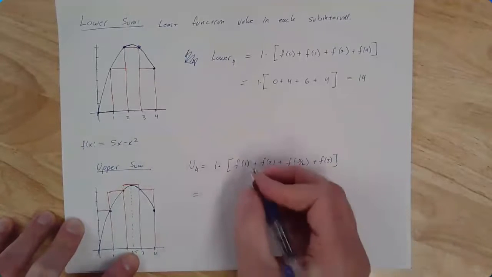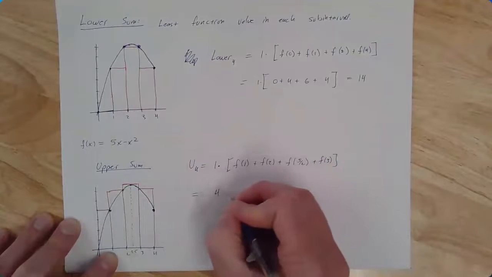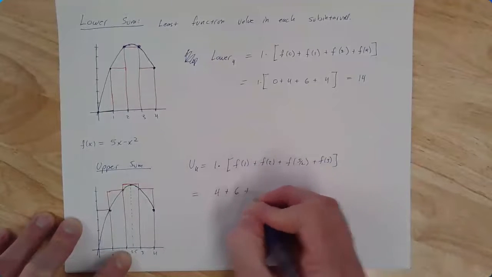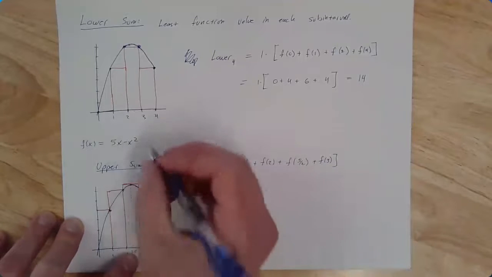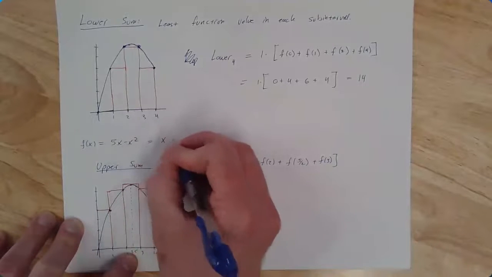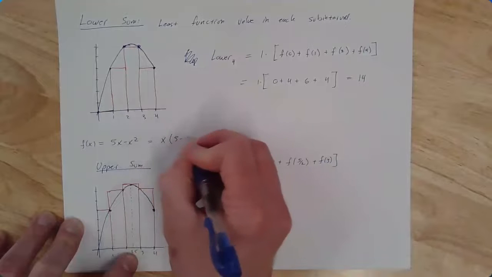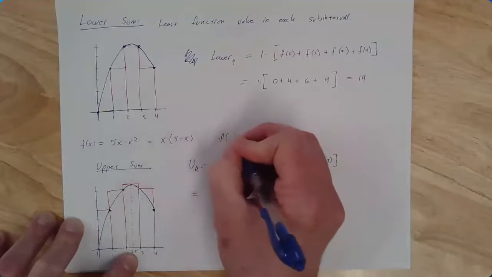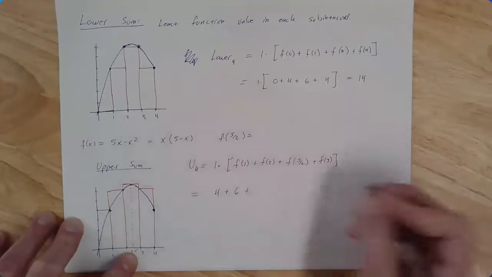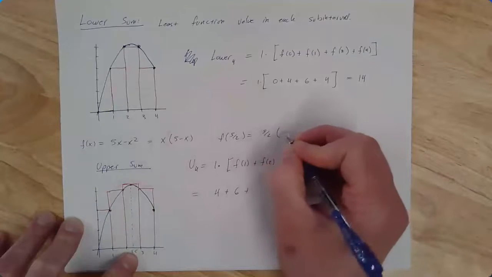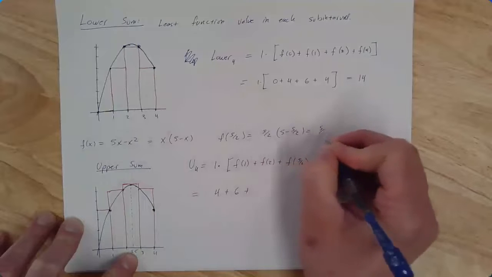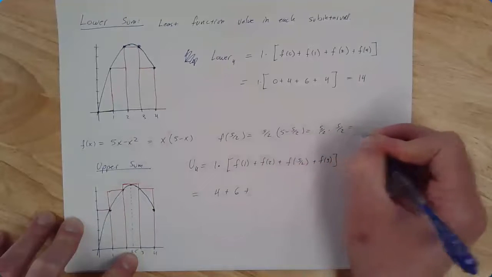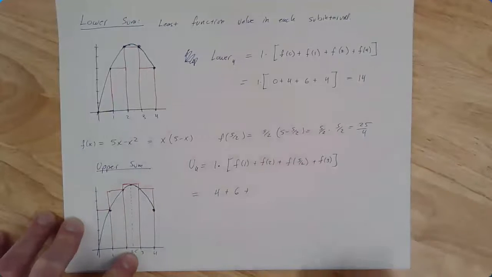So f of 1 is 4, f of 2 is 6, and f of 2.5, it's easier to see if you factor out an x. This is x times 5 minus x, and if you plug in 5 halves, you get 5 halves times 5 minus 5 halves, which is also 5 halves. And 5 halves times 5 halves is 25 fourths, which is 6 1/4.